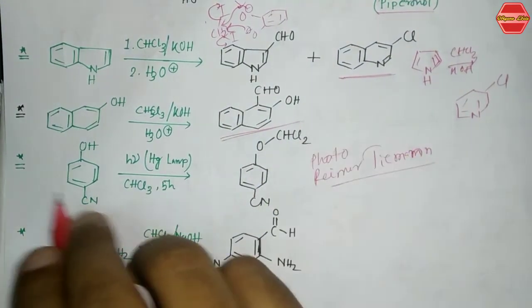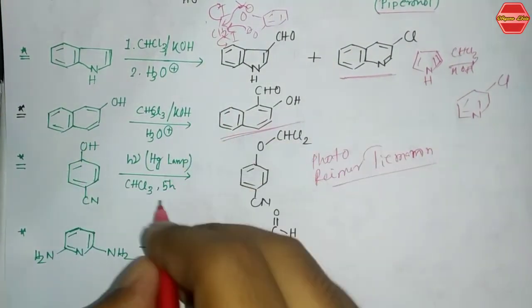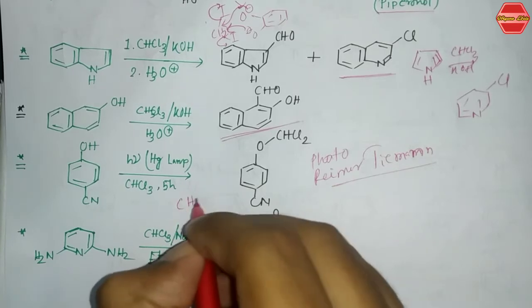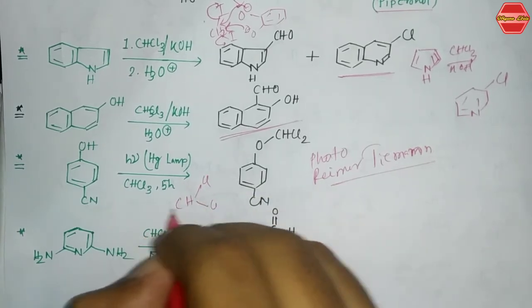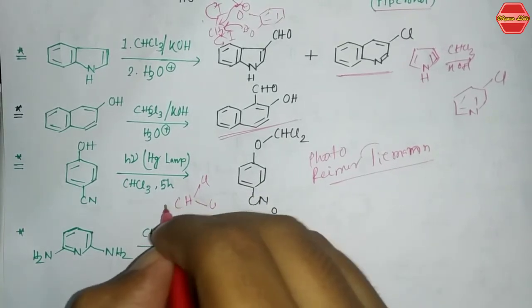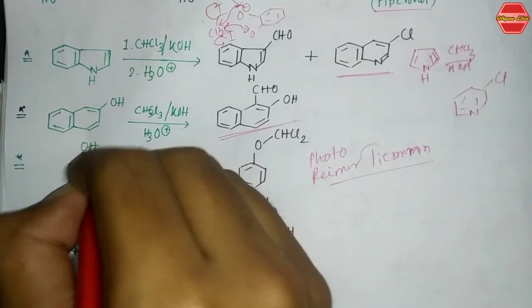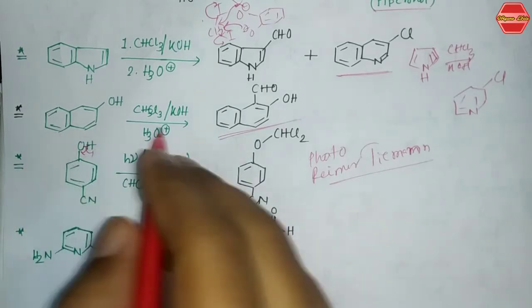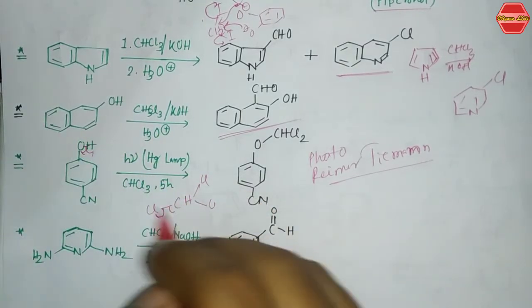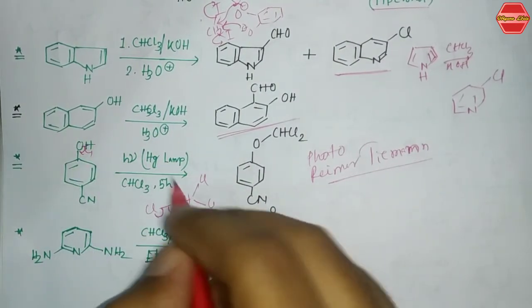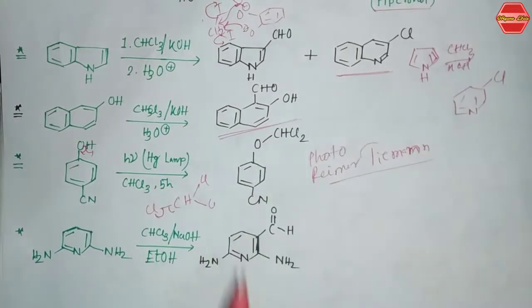If you are using this, then it will follow the radical mechanism. So first the CHCl3 will break in this way, and this OH will break in this way, forming radicals, and this O radical and this CH radical will combine with each other to give this product.